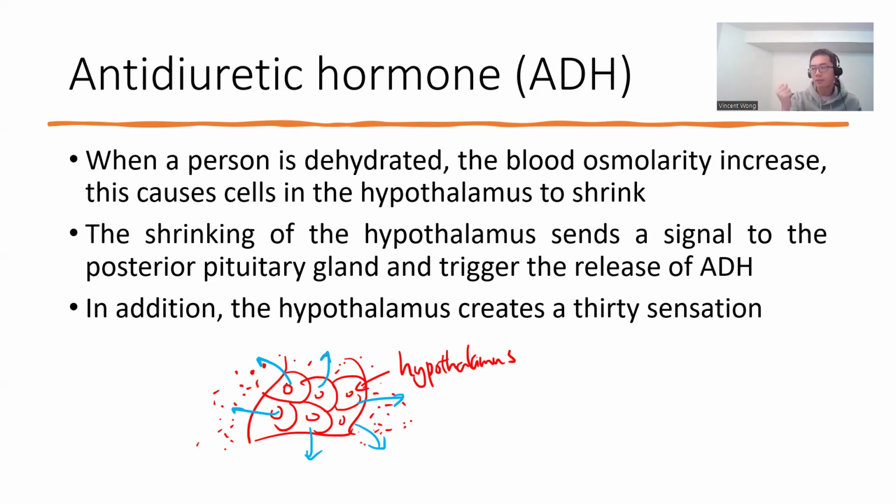But shrinking of the hypothalamus also sends signals to the pituitary gland and tells it to release the ADH. We are really dehydrated right now. Let's not pee too much. Let's conserve the water. We'll continue to get rid of the toxins, no problem, but keep as much water as possible.